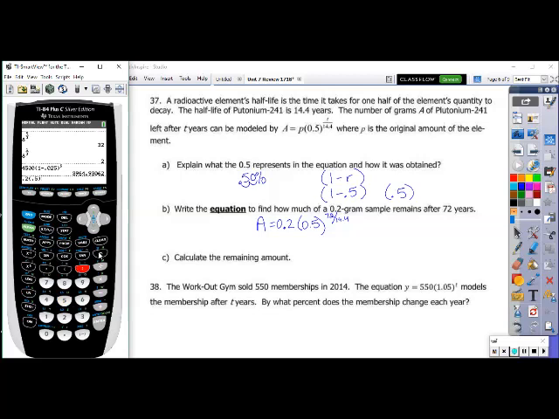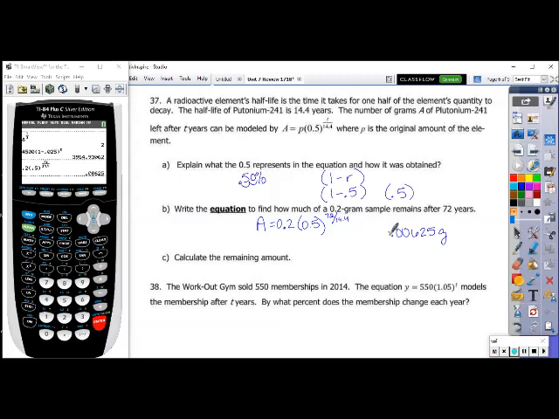Then I'm going to do my caret, and I'm going to use my alpha y equals to make that fraction, and do 72 over 14.4. And there would only be 0.00625 grams of that element left. So this was the equation, and then I actually accidentally went ahead and did C without reading the problem.